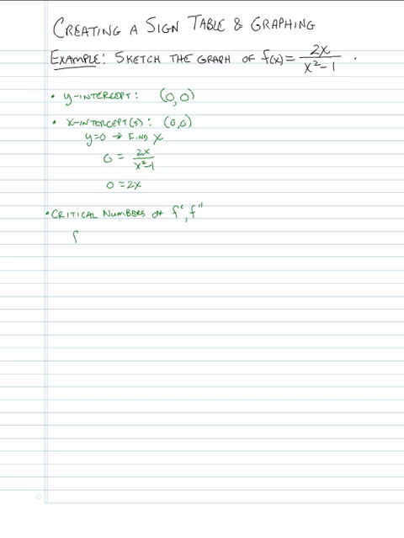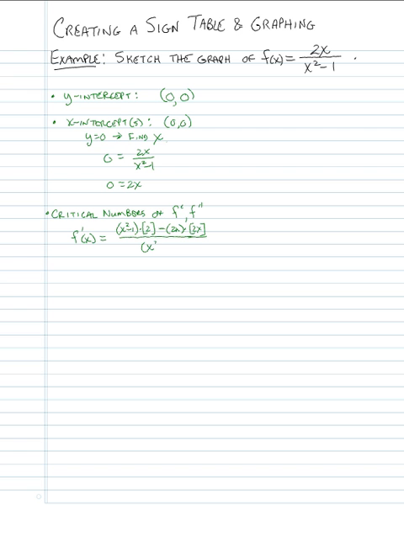So first, let's just consider f prime. Now, this being a fraction, we have to use the quotient rule. So we'll have x squared minus 1 times the derivative of the numerator. The derivative of 2x is just 2. And then we'll have minus the numerator, which is 2x, of course, times the derivative of the denominator, which is 2x. The derivative is 2x.